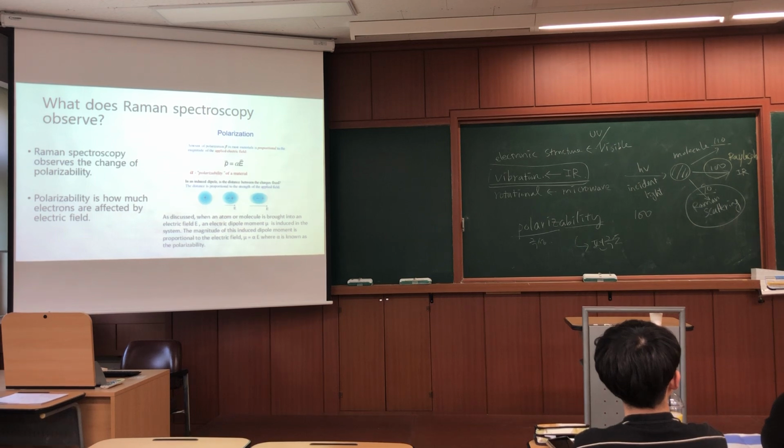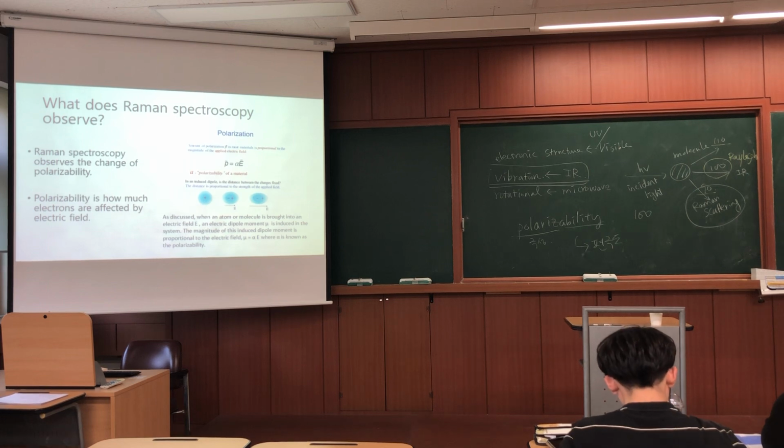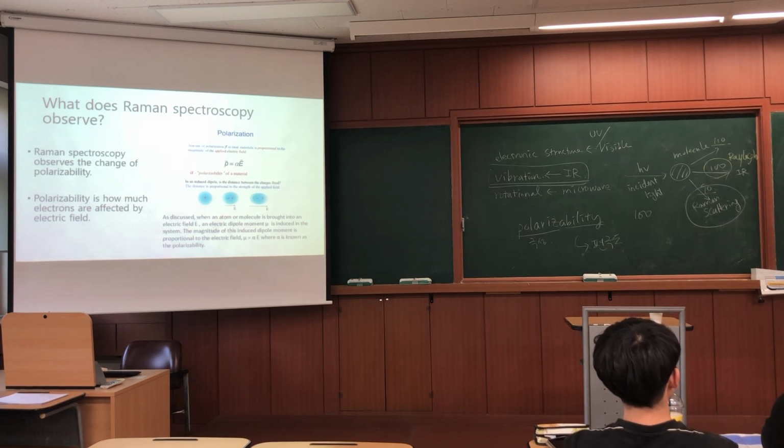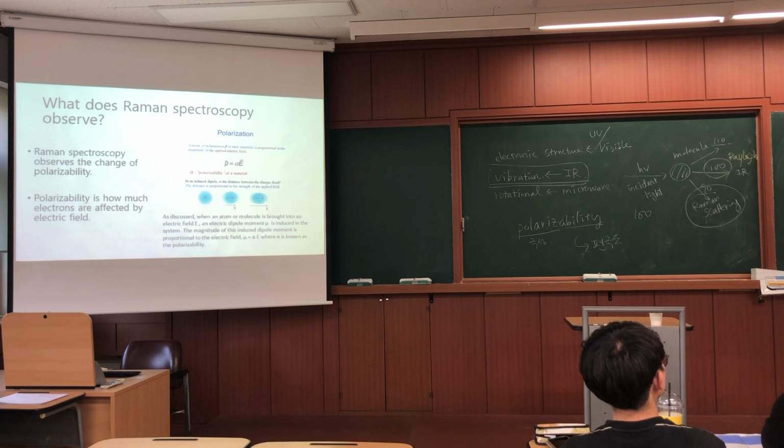So the electrons will be drawn this way, right? Because electrons are negative. So the shape of the electron cloud will be distorted, and electrons will be here, and this part will be positively charged, right?